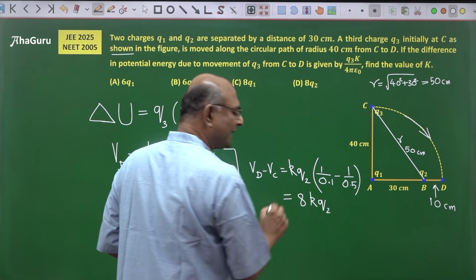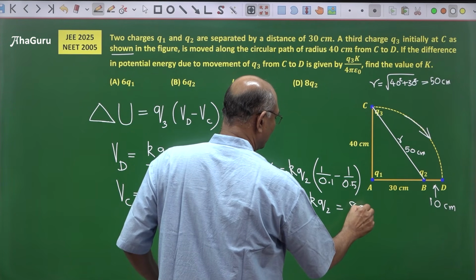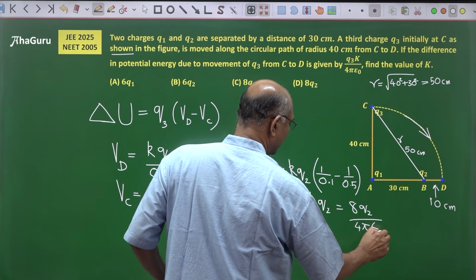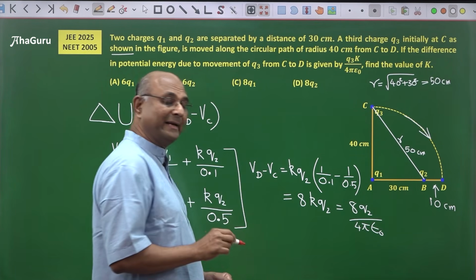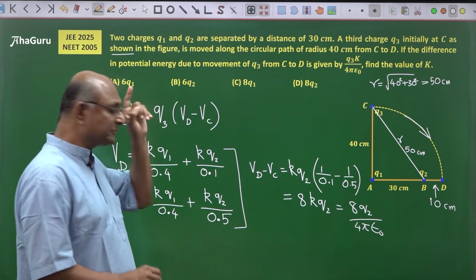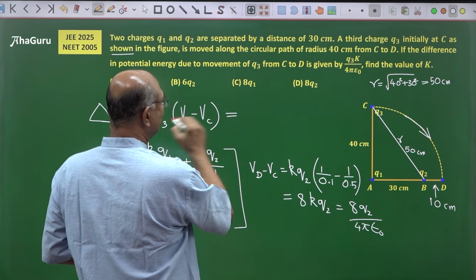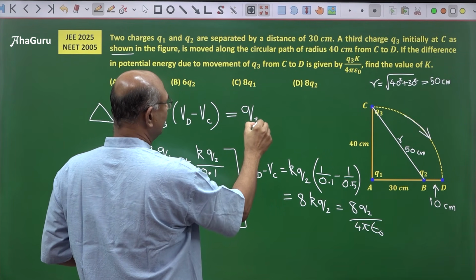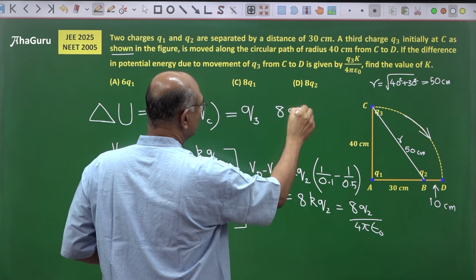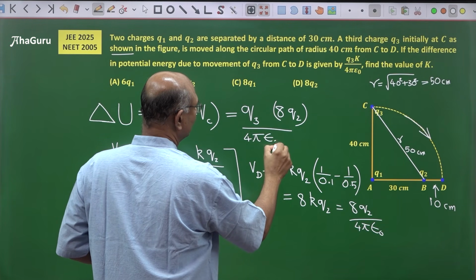Now what is K? K is 1 by 4 pi epsilon naught. So I can write 8Q2 by 4 pi epsilon naught. What is this? VD minus VC. And we want delta U. Delta U is Q3 times VD minus VC. So delta U is Q3 times 8Q2 by 4 pi epsilon naught.